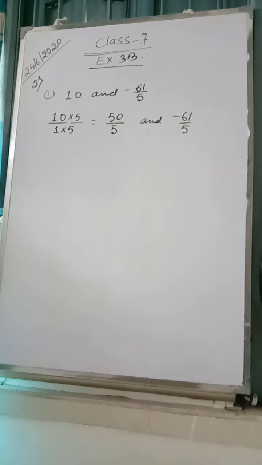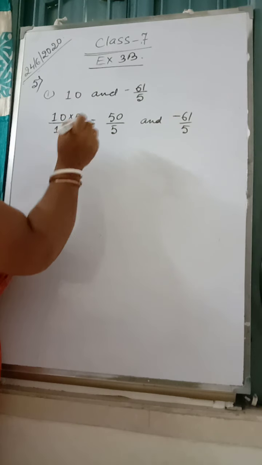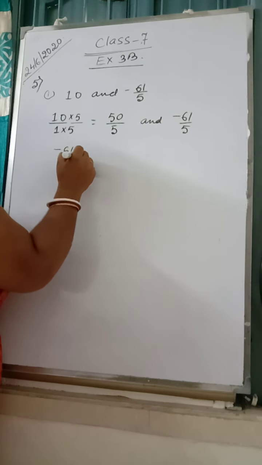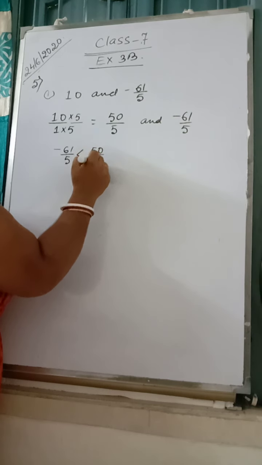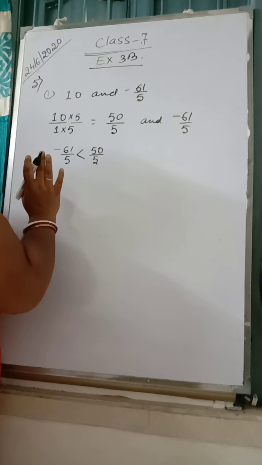Now we have almost 90 rational numbers between these two. As we know, minus 61 by 5 is less than 50 by 5. We don't have to write that, but to make you understand I am writing.